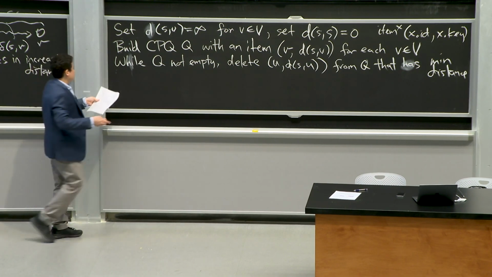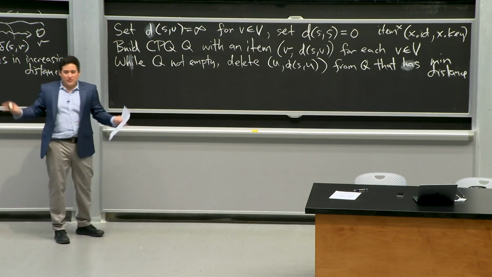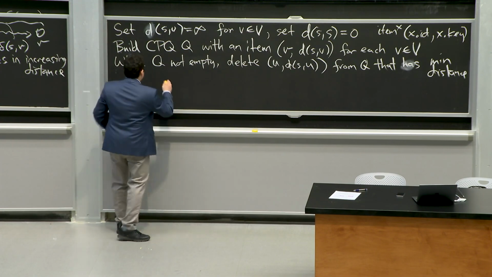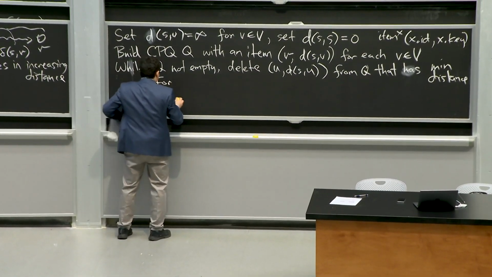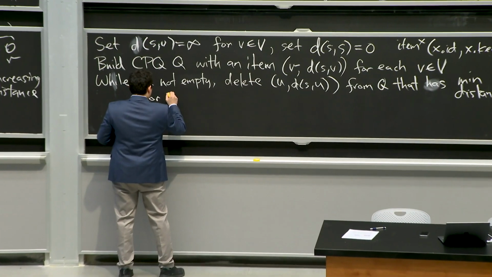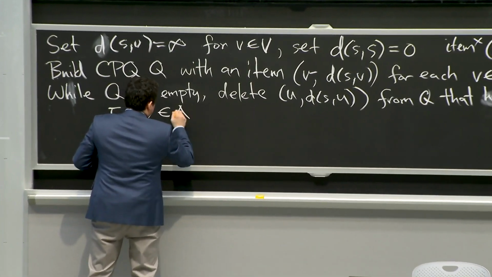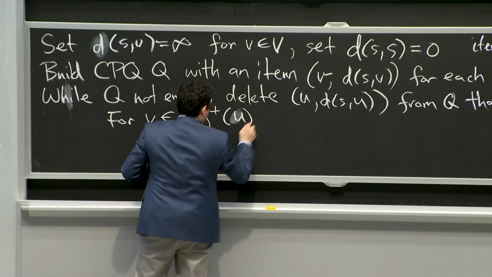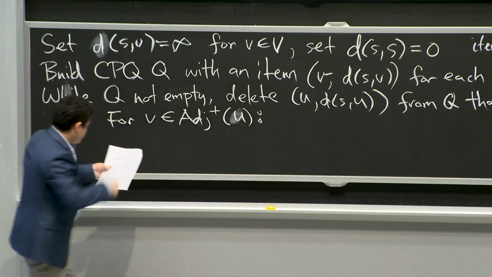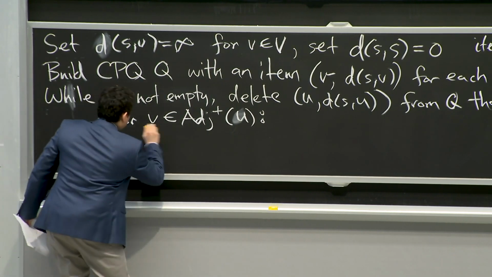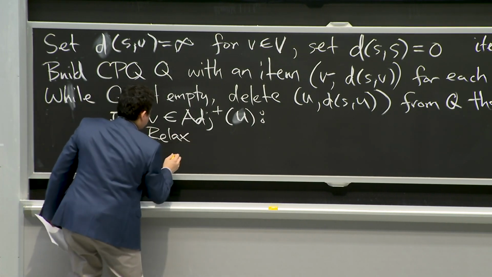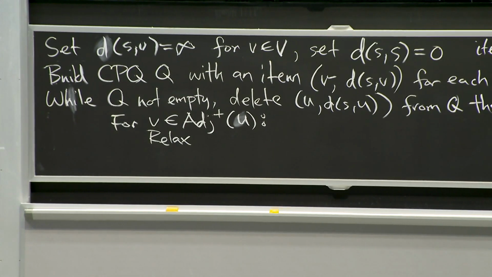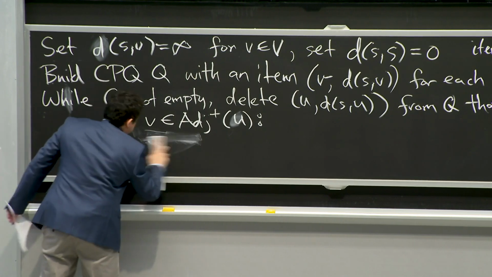How am I going to process it? It's the exact same kind of thing as DAG relaxation. I'm going to relax all its outgoing edges. So just for completeness, for v in the outgoing adjacencies of u, I'm going to relax, oh, sorry. We have to check whether we can relax it.